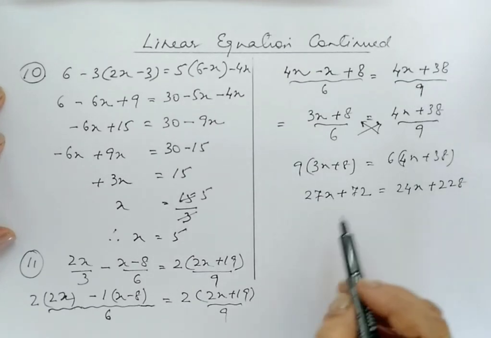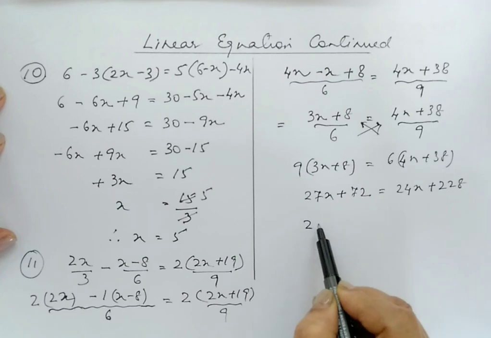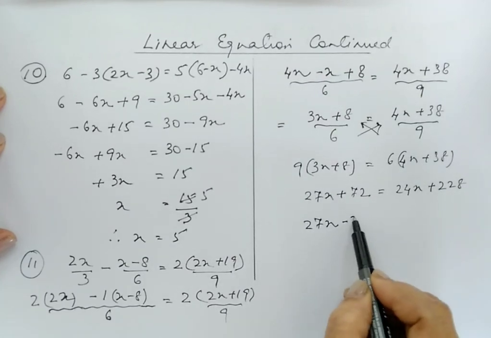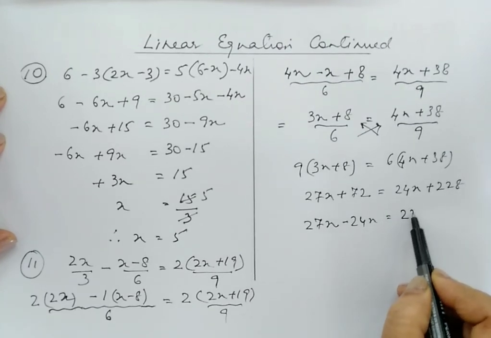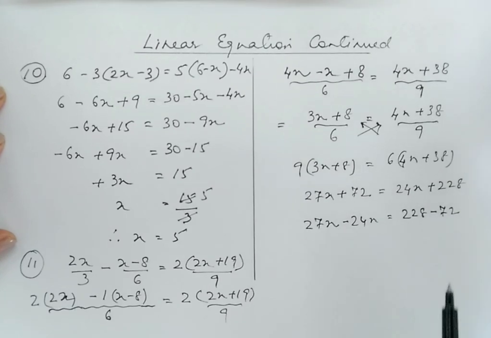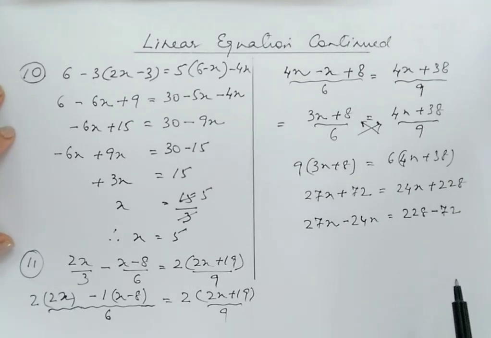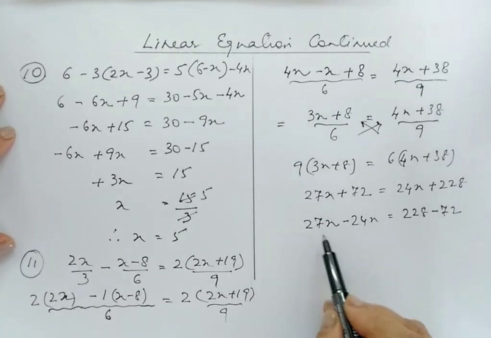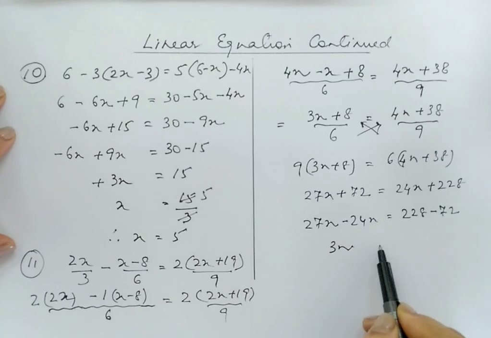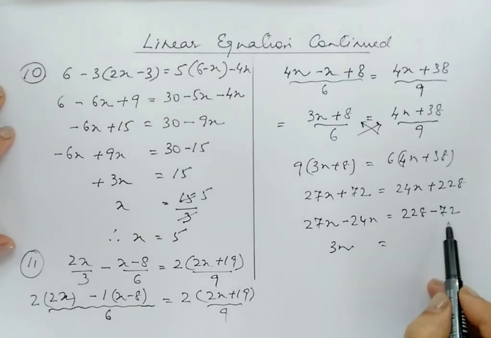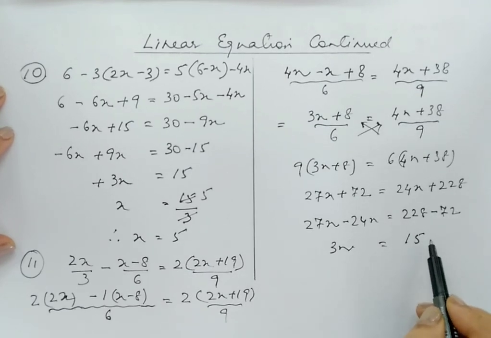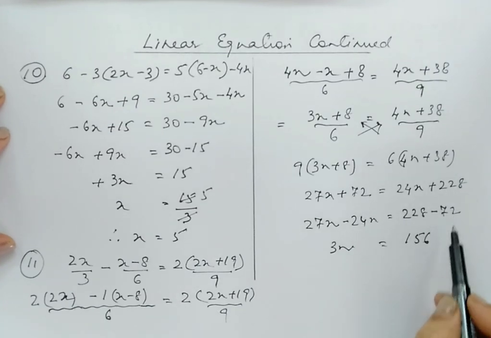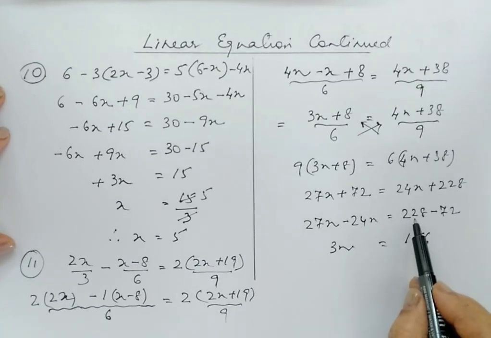Now once again we need to simplify. So we bring 27x and 24x to the left hand side, and 228 minus 72 to the right hand side. So what do we get over here? 27 minus 24 is 3x, and this side 228 minus 72 will come to be equal to 156. 8 minus 2 is 6, then we have 2 over here, so we carry over, and then we get 5.